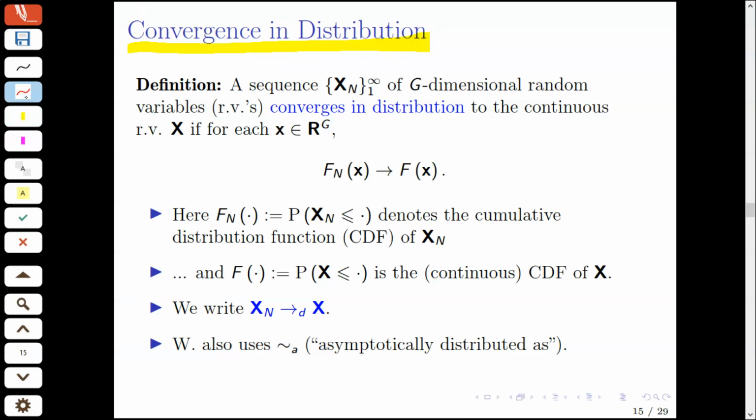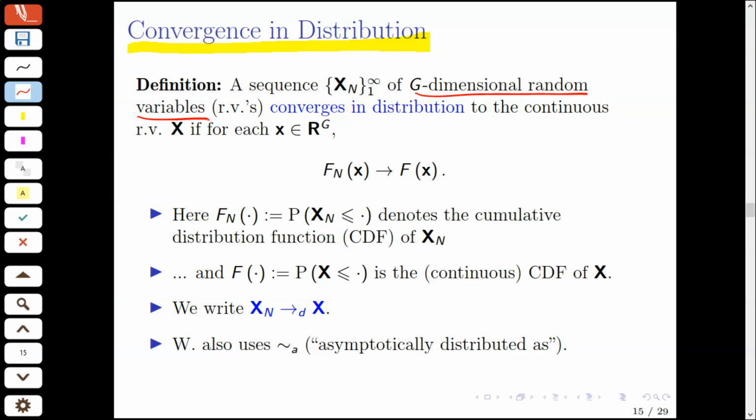So you may have seen this in your previous probability theory and statistics course, but just to be sure, we're going to go through it here briefly in the vector case. So here's a definition. A sequence of g-dimensional random variables, which is just to say that we're dealing with random vectors of length g.